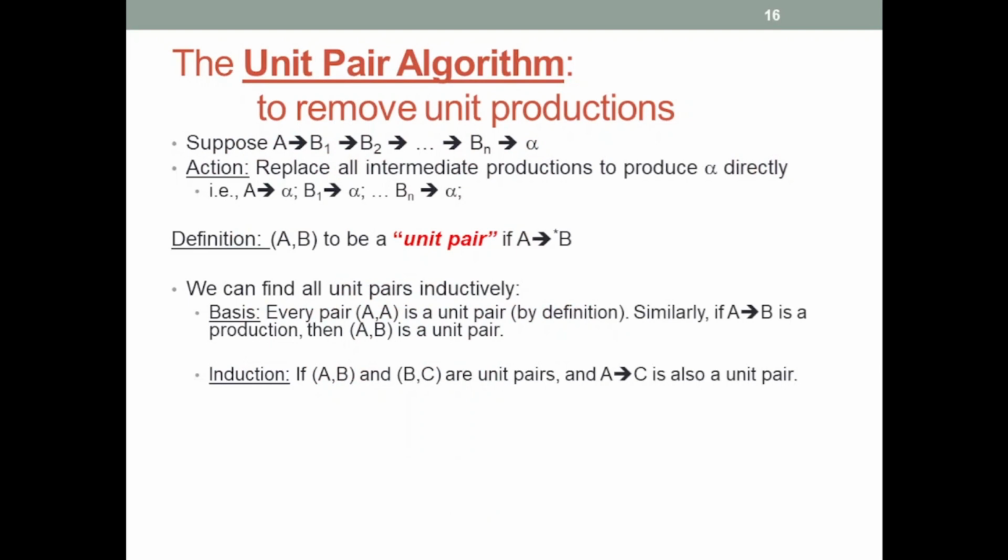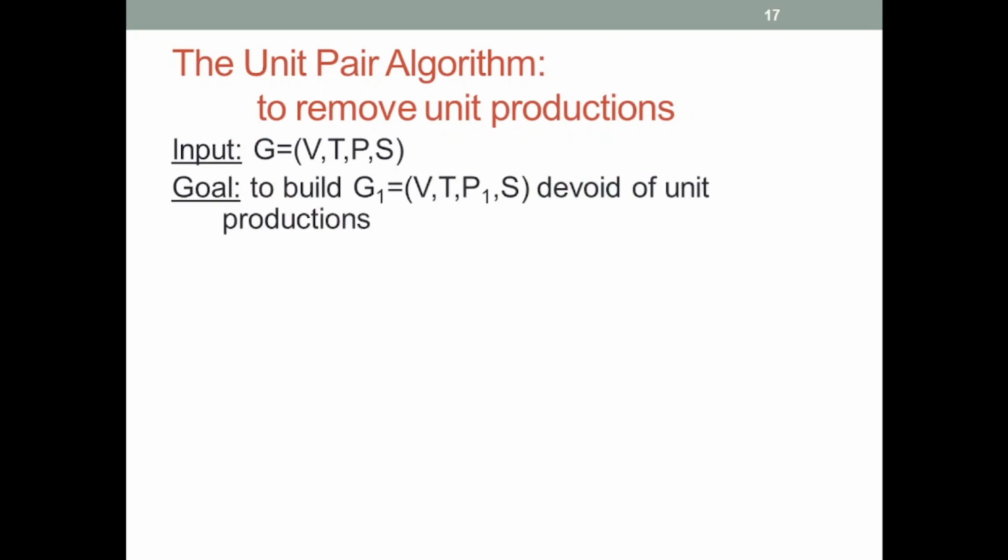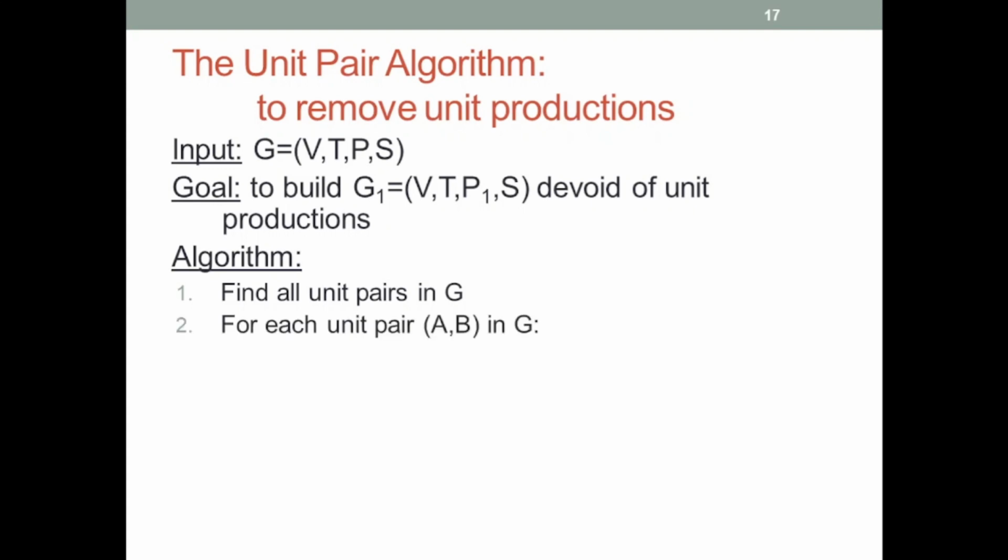First, you have to find out which capital variables are there. If both symbols are variables, then that is the unit production, and you can replace that with the terminal symbol. So the unit pair algorithm. Unit pair algorithm means find all unit pairs in capital G, and for each unit pair you can have a terminal symbol.